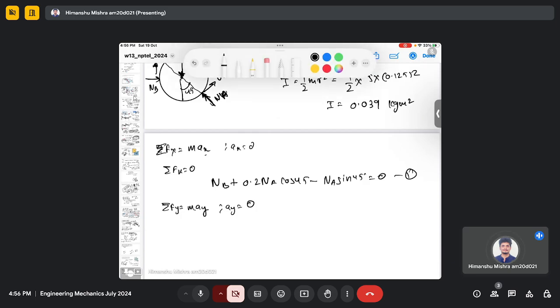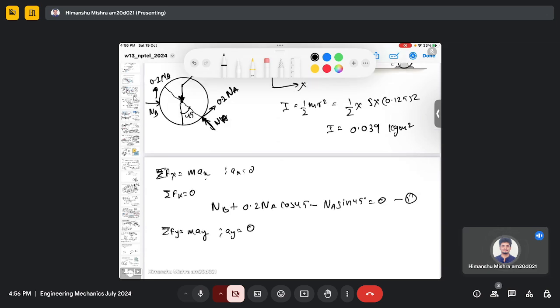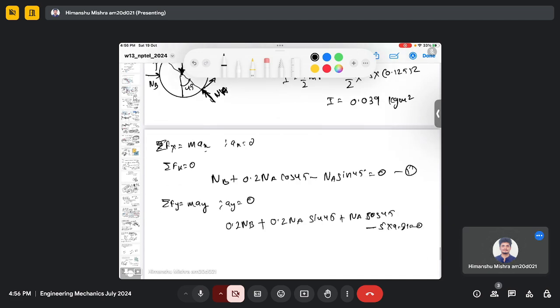And the resultant vertical force will be 0.2 NB minus 0.2 NA, sorry, it is positive, sin 45 plus NA cos 45 minus 5 into 9.81 equals 0. This is equation 2.